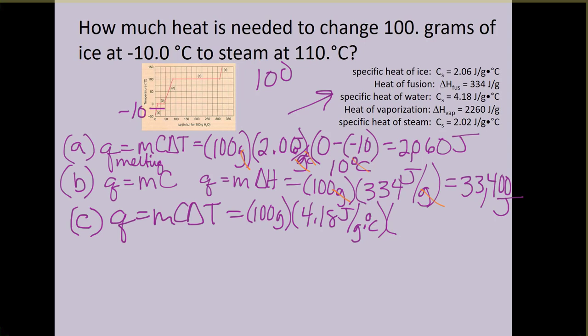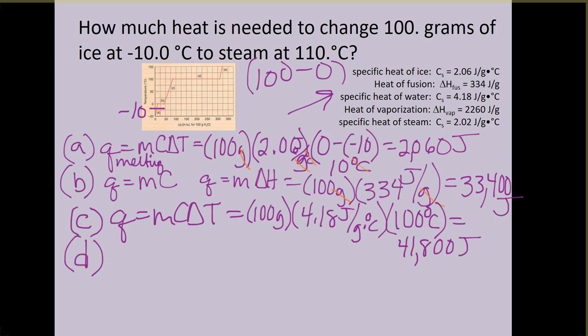Area C stops at that temperature. I can't go past 100. So 100 is the final minus the initial, which is 0. So overall, a change in temperature of 100 degrees. So going the whole way from 0 to 100 on that area C, heating your water. And so my number will be 41,800 joules.